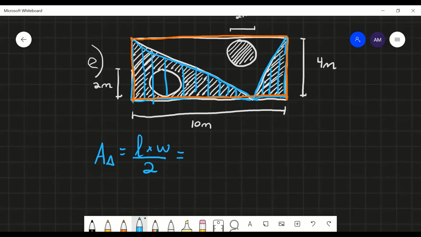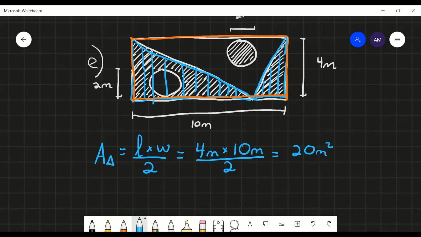What's the length here? It's the height, same thing, height, length, 4 meters, and then the width is 10 meters, all divided by 2. 4 meters times 10 meters is 40 square meters, divided by 2 is 20 square meters.